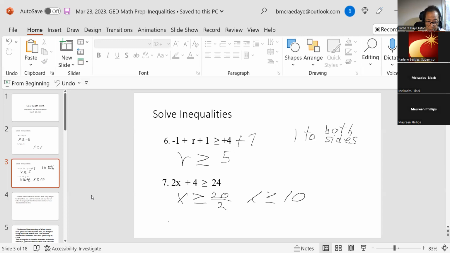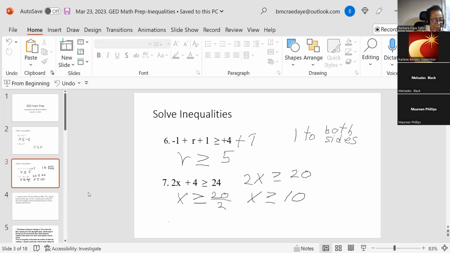When she subtracted the 4 from both sides, she's left with 2X greater than or equal to 20. Mercedes, you with me? Yes, I'm with you. Then you divide both sides by 2, and you get x greater than or equal to 10. Yes, I got it.